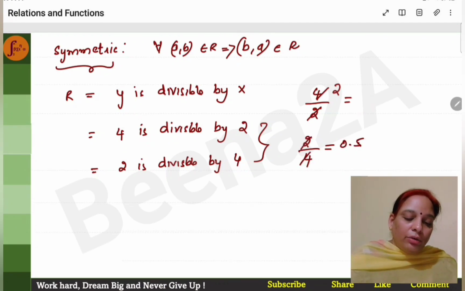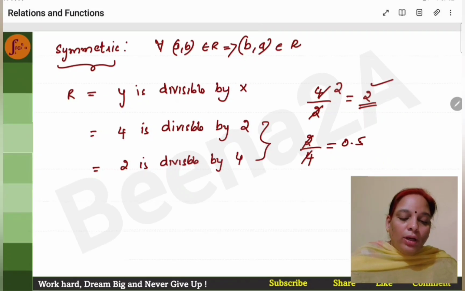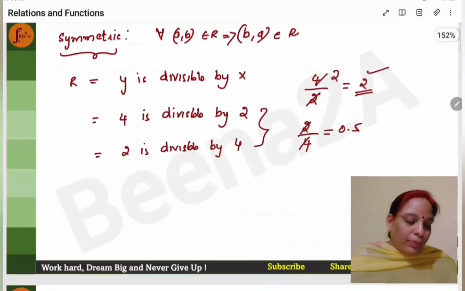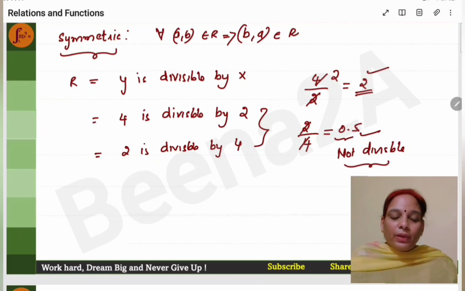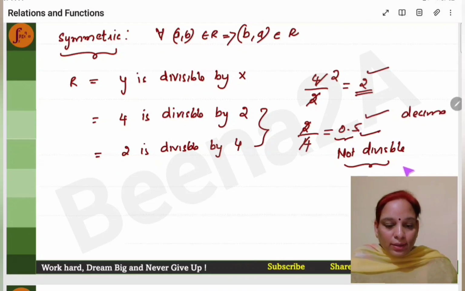And here you get 2, the whole number as the answer, but here you get a decimal. This means that it is not divisible. So whenever you get a decimal point, it means it's not divisible. Right? Simple. So here if you take 4 divisible by 2, you get the answer as 2. But if you take 2 divisible by 4, you will get 0.5, which is a decimal. And that's why it's not divisible.